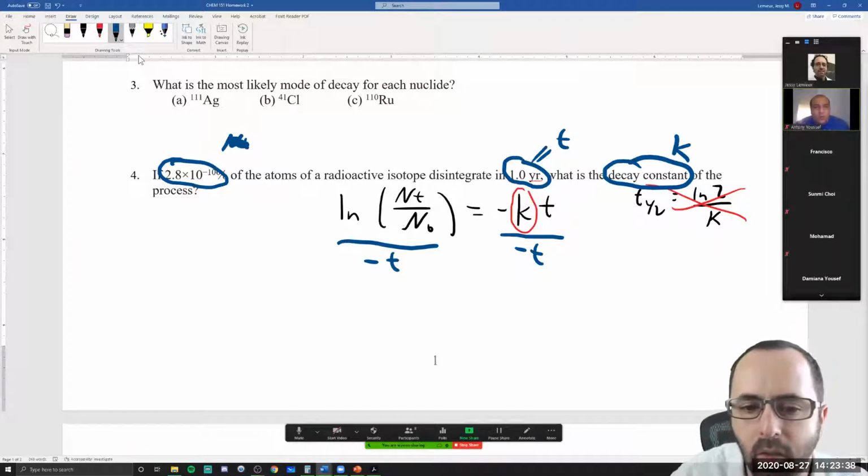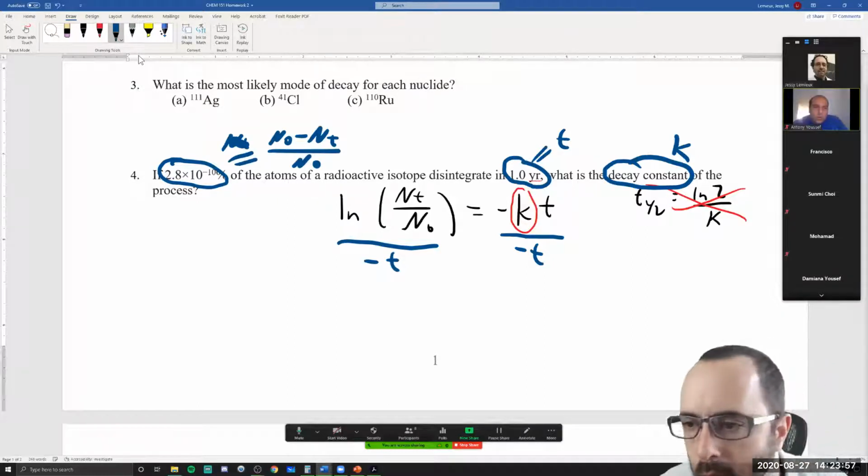Okay, so basically what this is saying is that the amount you have at the beginning minus the amount you have after a certain time, over the amount you had at the beginning, is this number right here.